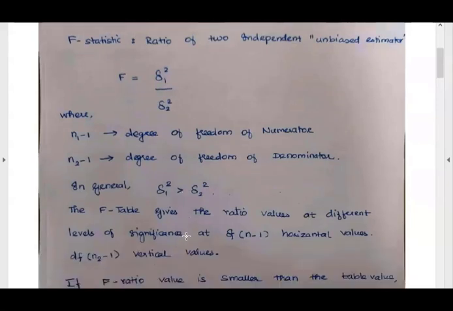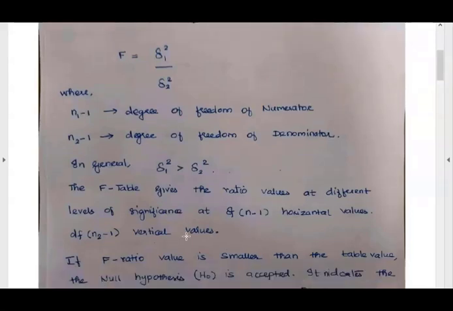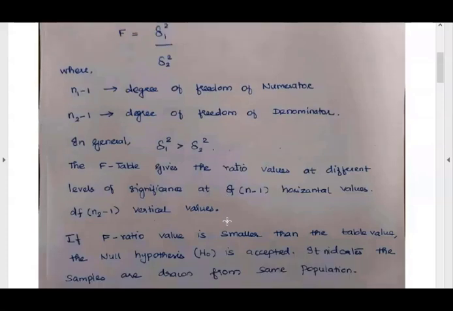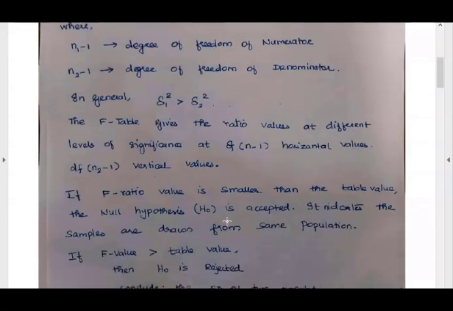In general, delta 1 square is greater than delta 2 square. The F table gives the ratio values with different degrees of freedom and significance levels. The degree of freedom n1 minus 1 focuses on horizontal values, and the degree of freedom n2 minus 1 focuses on vertical values.